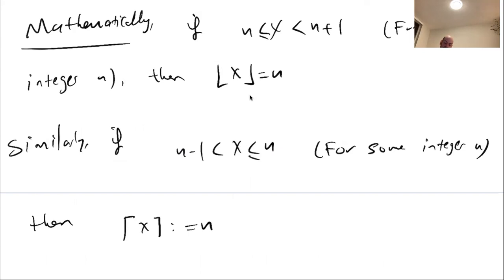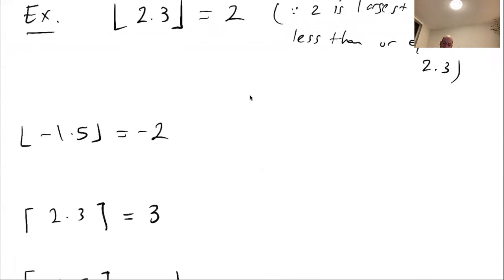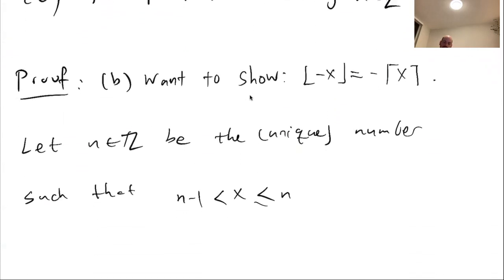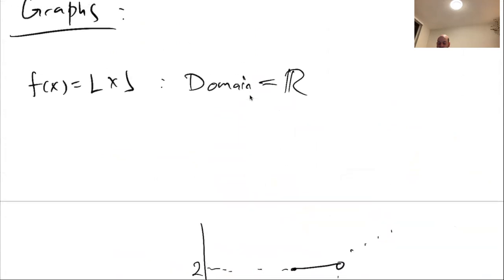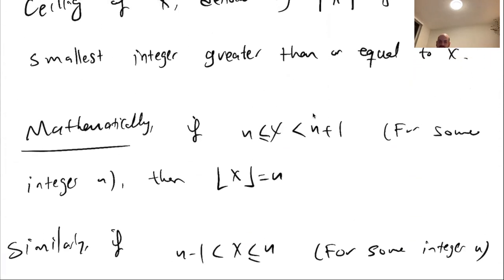Because I have to look at what I want to show. What do I want to show? I want to show that floor of minus x is minus ceiling x. So I'm going to take floor of minus x, not x itself. If I wanted to take floor of x, then I would choose this one as my starting point, because for this one, I can easily take the floor, and the floor will be n.